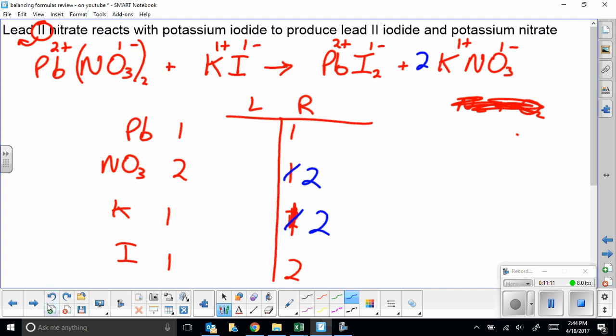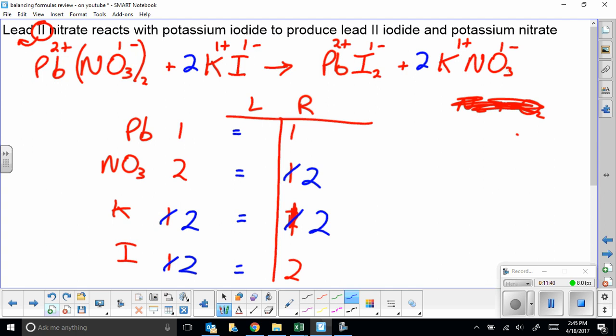Now, I'm going to deal with the iodine, and on the right side I've got 2, on the left side I've got 1. So I'm going to put a 2 here in front of this, which changes that to a 2, and then that also changes my potassium to a 2. So now I look, 1 and 1, 2 and 2, 2 and 2, 2 and 2, it should be balanced. You could double check it up top, and you would see that it is.